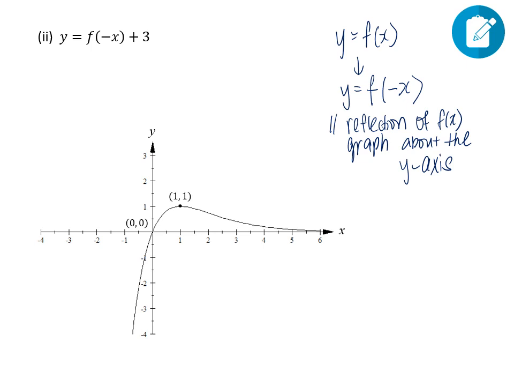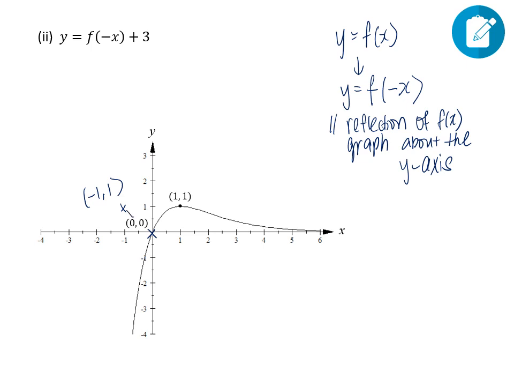So what we have now is a reflection about the y-axis, and the origin will of course remain. However, the turning point is going to be reflected and end up at (-1, 1).